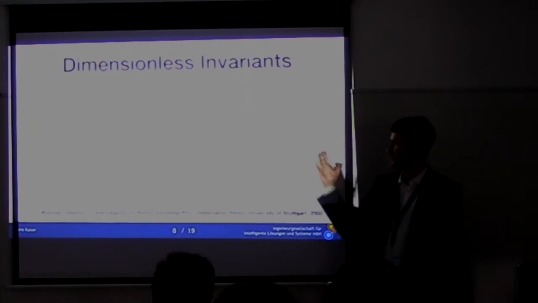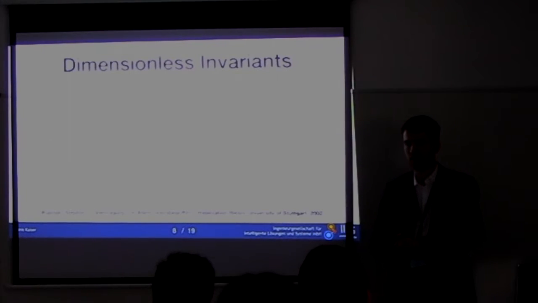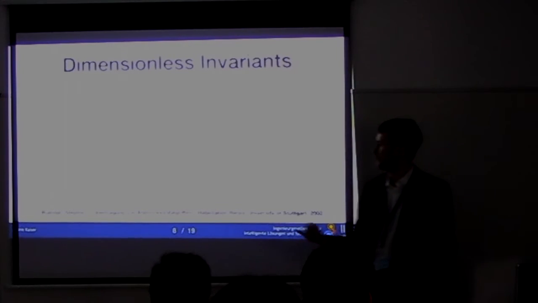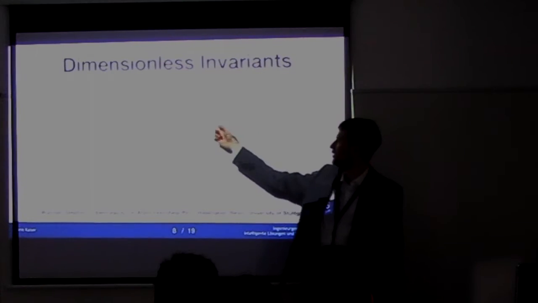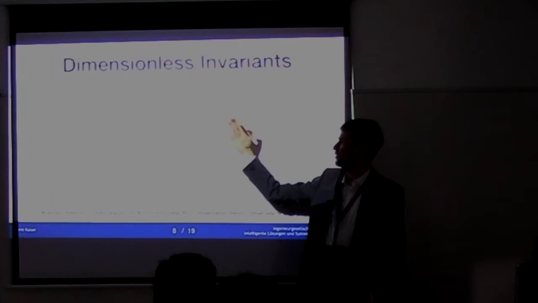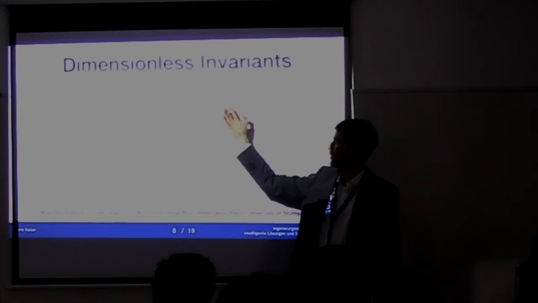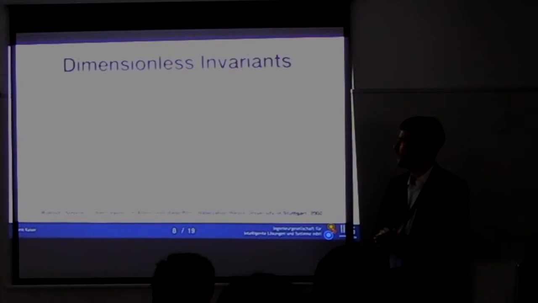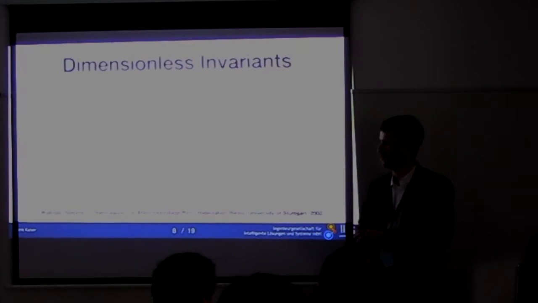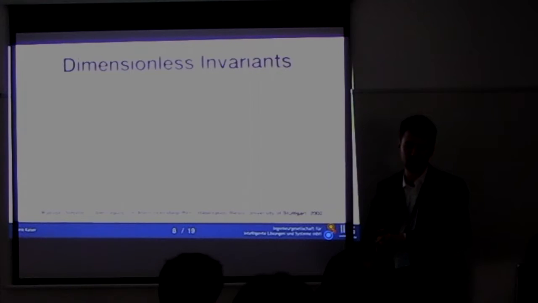And in this case, this is again based on the dimensional matrix, which I explained on the slide of the pi theorem. And in this case, the length information is divided in length in x direction, length in y direction, and length in z direction, which is just used to increase the rank of this dimensional matrix.